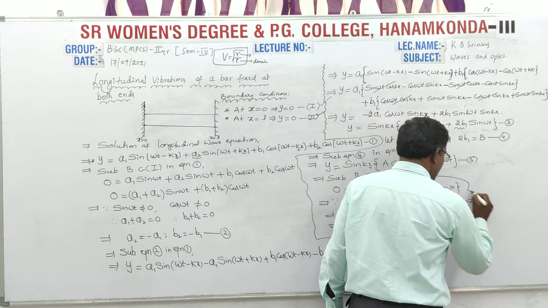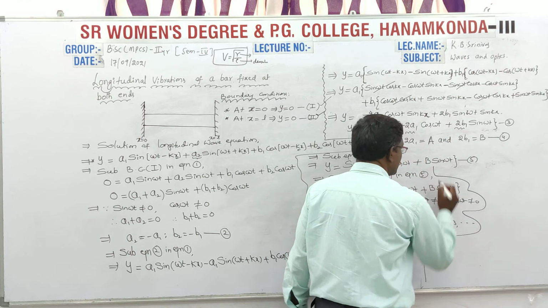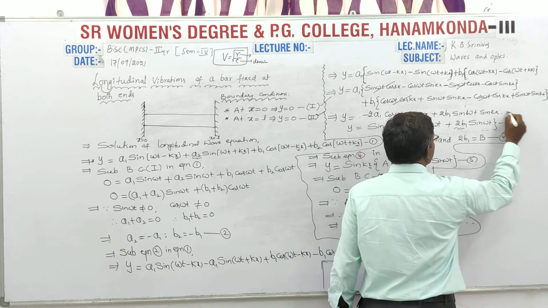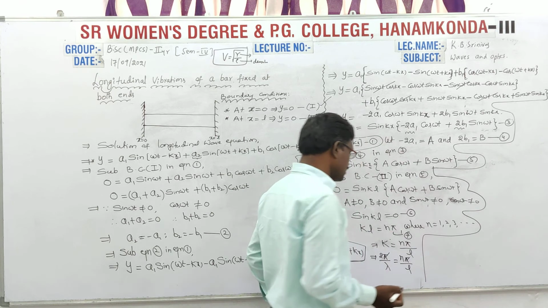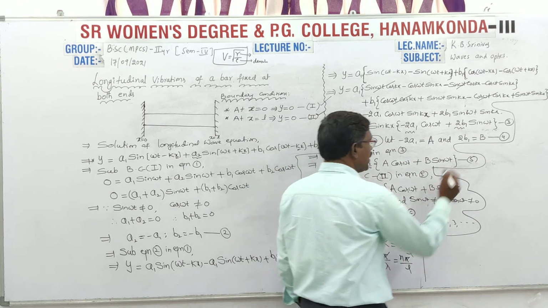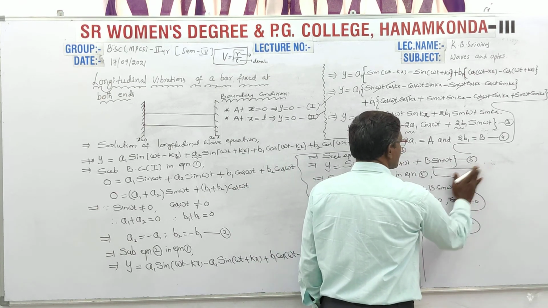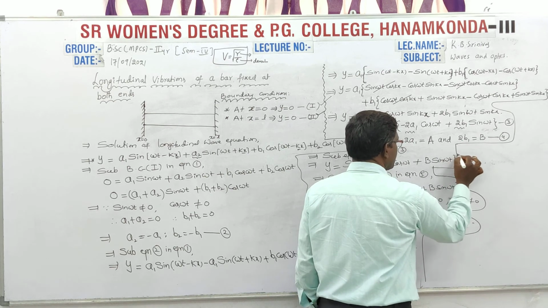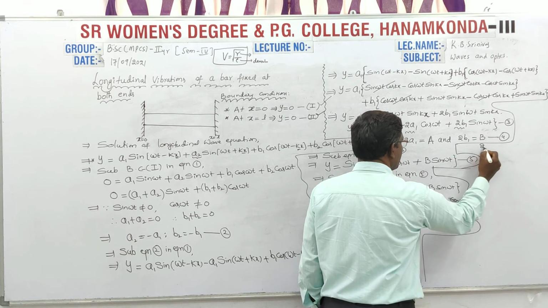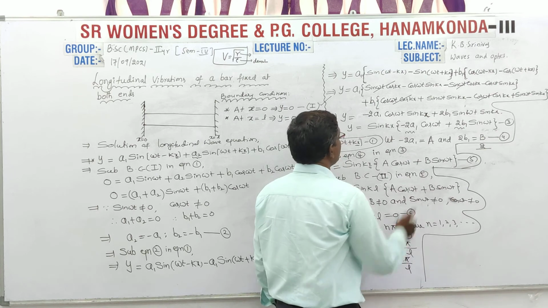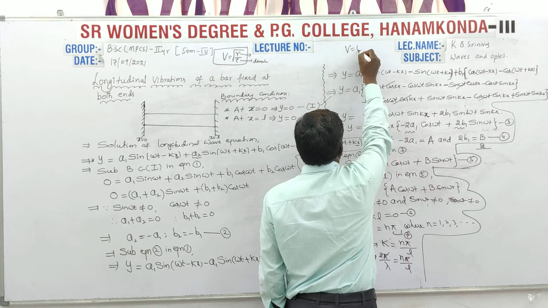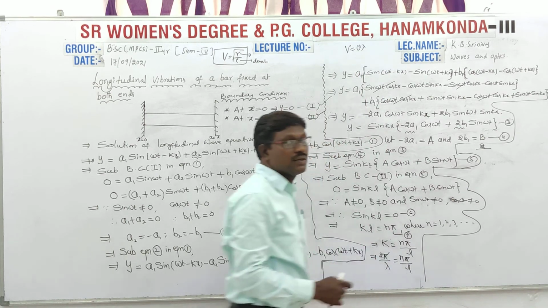General relation between frequency, wavelength and velocity: v is equal to nu lambda.